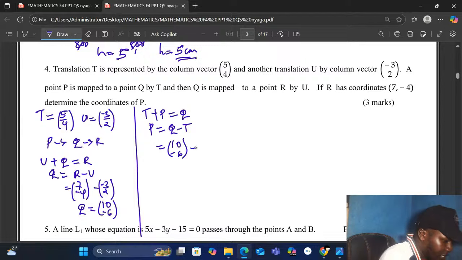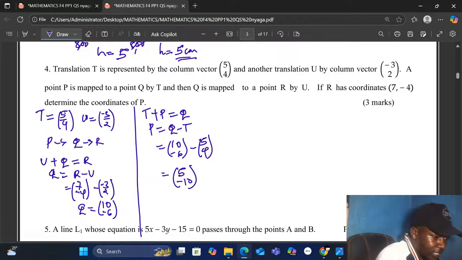Then we subtract T, and our T is 5, 4. We subtract the two to get the value of P. So our P will be equal to 5, -10.